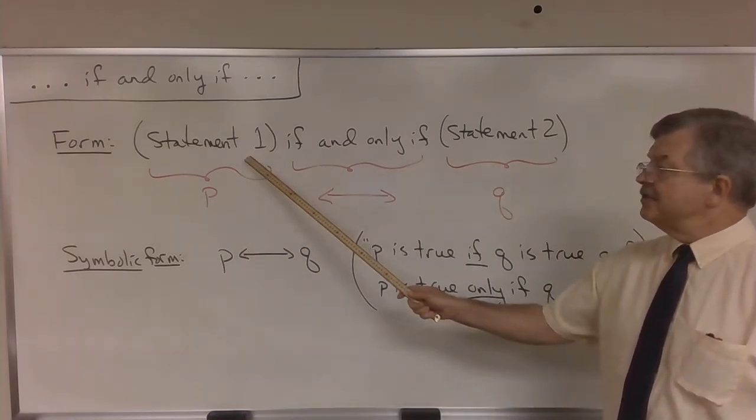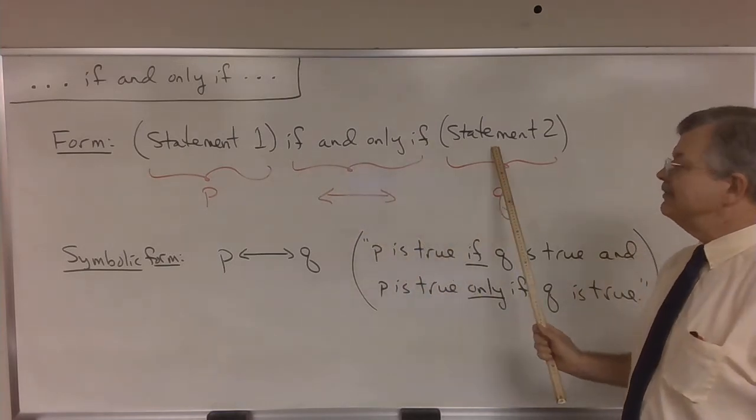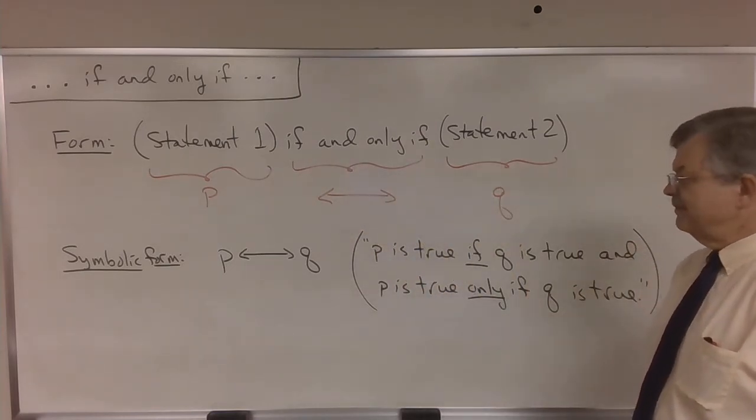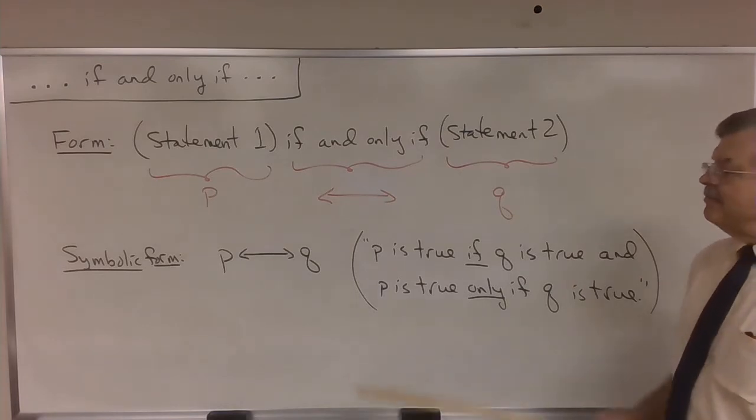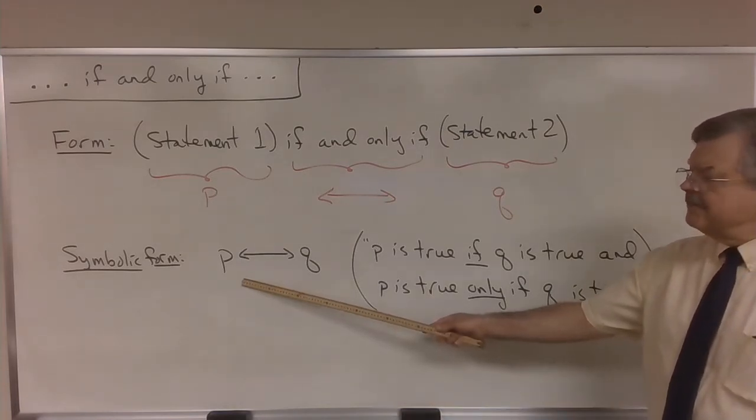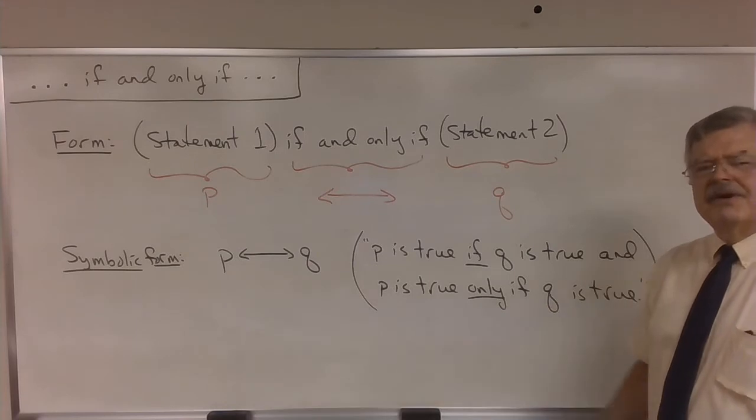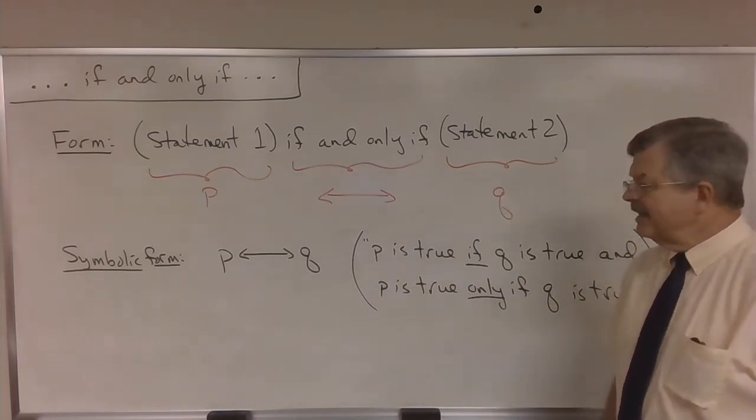Statement 1 is true if and only if statement 2 is true. In symbolic form, we write it this way. And notice that the arrow goes both ways.